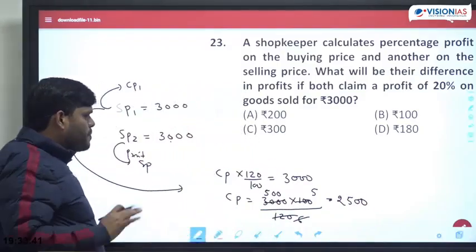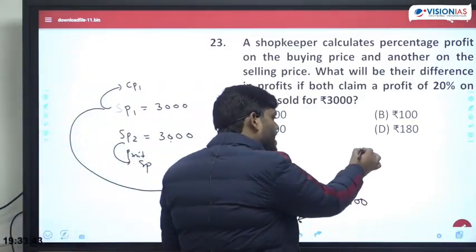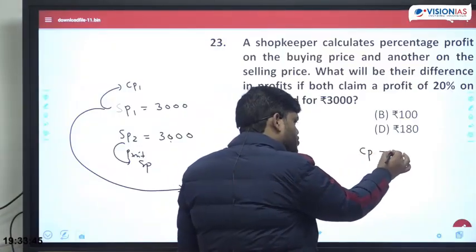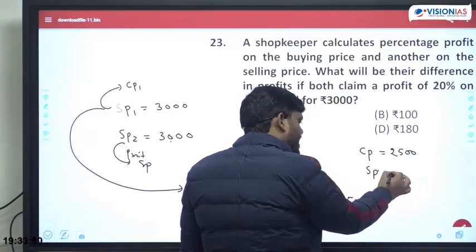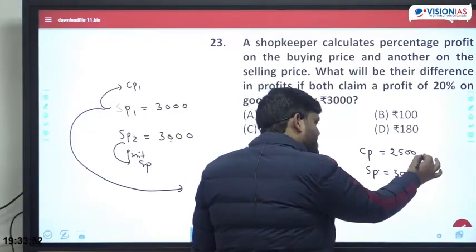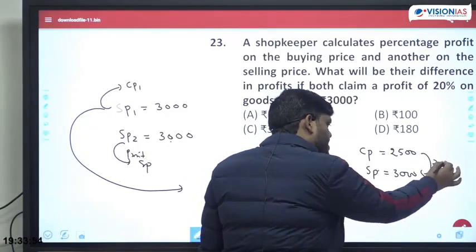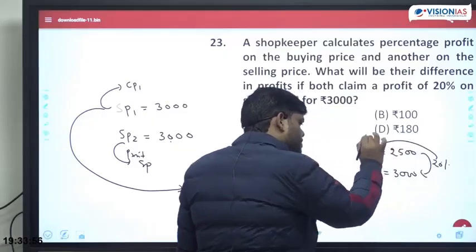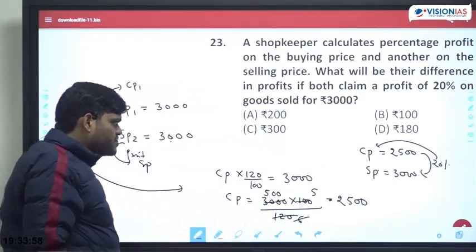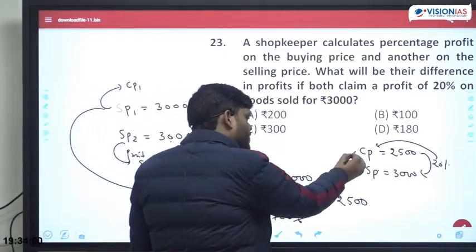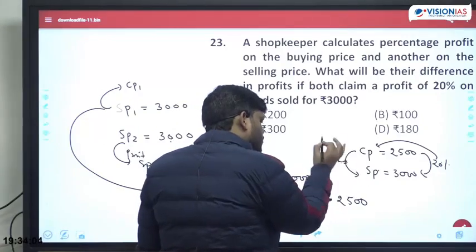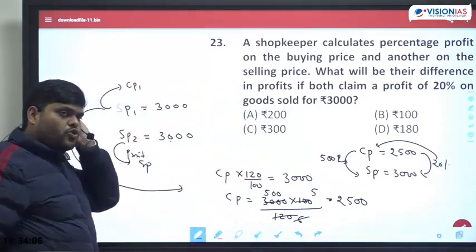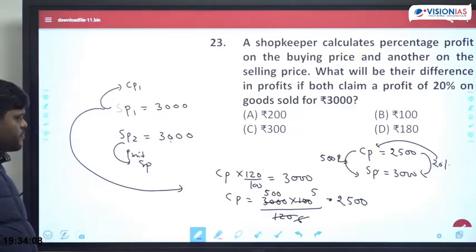That means one person, for him CP is 2,500 and SP is 3,000, and that's why he is claiming 20% profit on CP. That means total profit is how much? Total profit is 500 rupees.